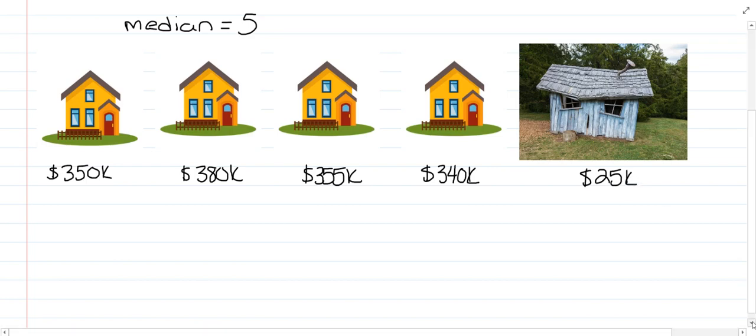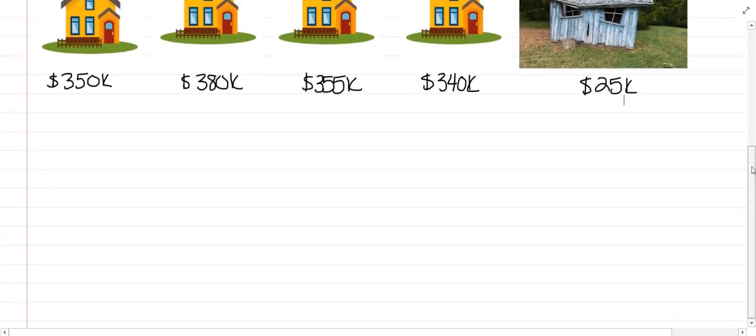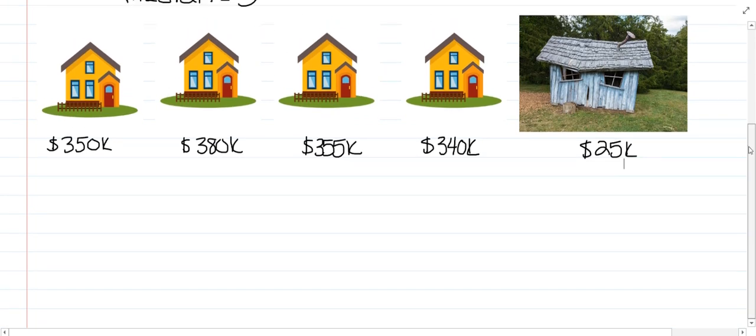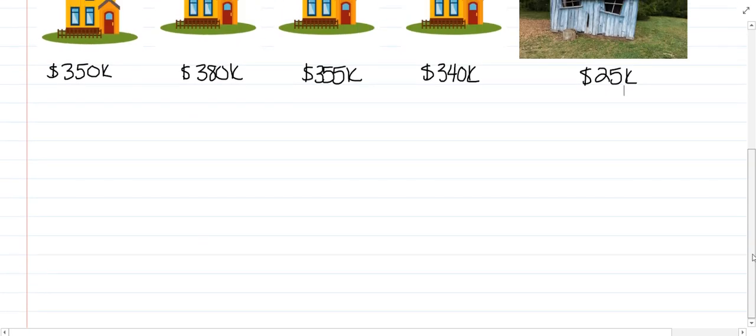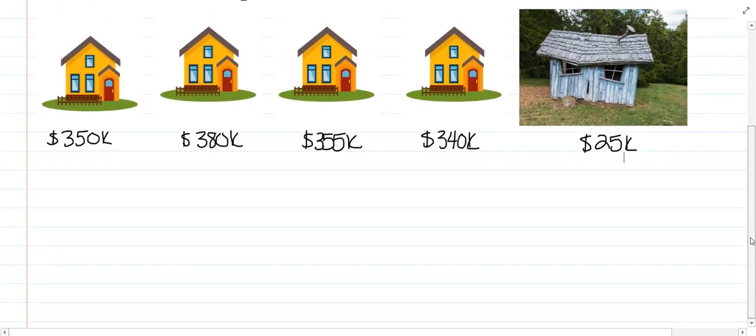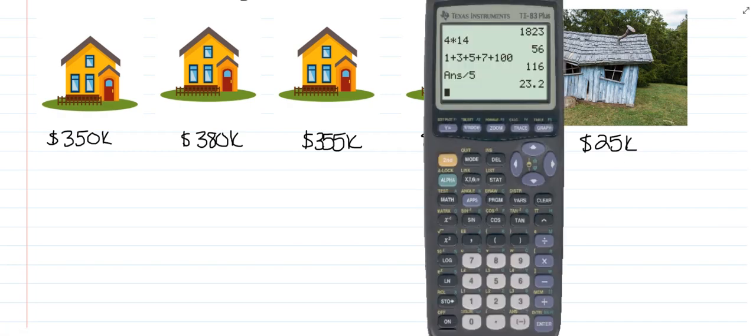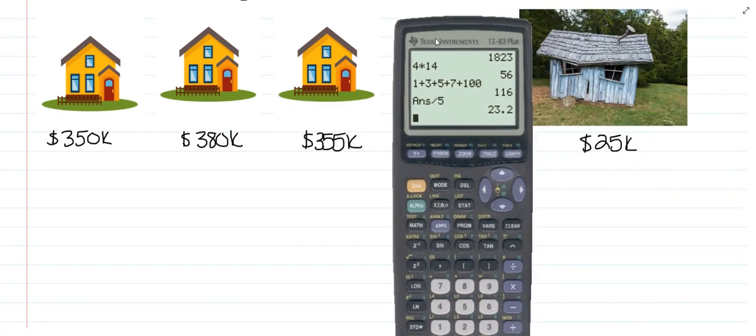So if I'm going to put the value of my house, I want to find the median value of the houses on that street so that I can get a good representative of what the houses in the neighborhood are going to be worth. If I were to find the mean here, I would want to add all of these values together.